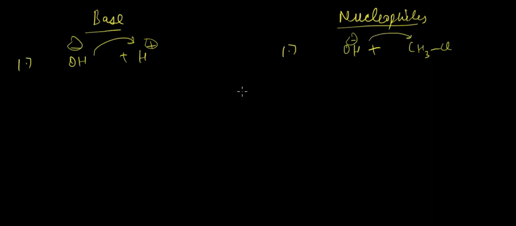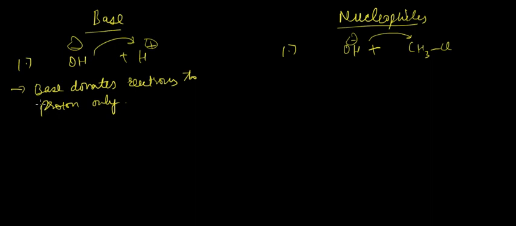OH will attack the positively charged carbon. So the difference is the base donates a pair of electrons to a proton only, whereas the nucleophile donates its pair of electrons to atoms other than a proton.